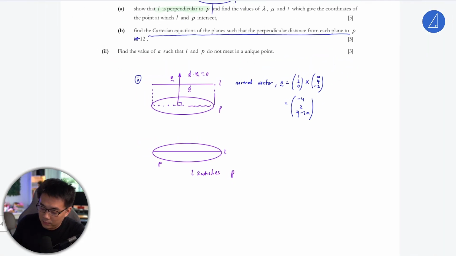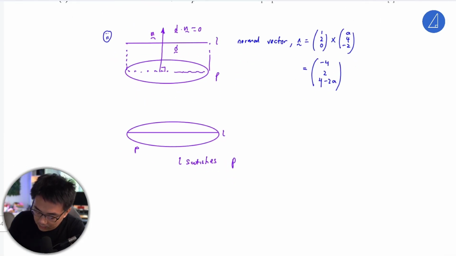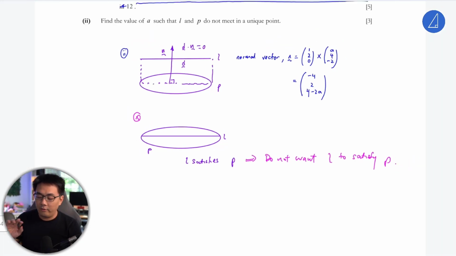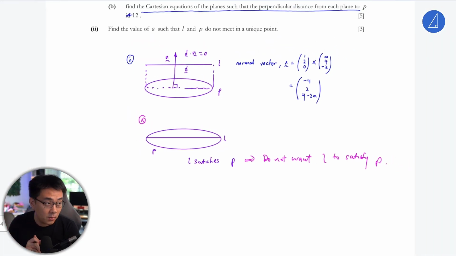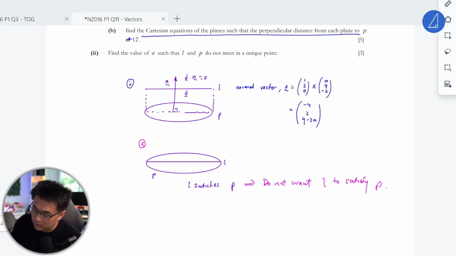Because we do not want this case, we do not want L to satisfy P. Of all the parallel cases, we do not want them to meet at a unique point, but meeting at multiple points we can allow. So this is okay.